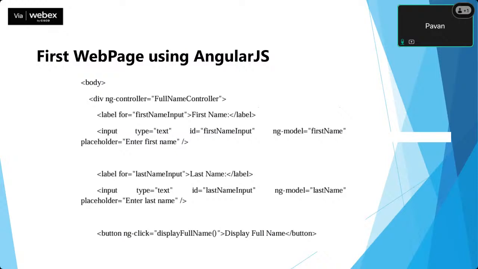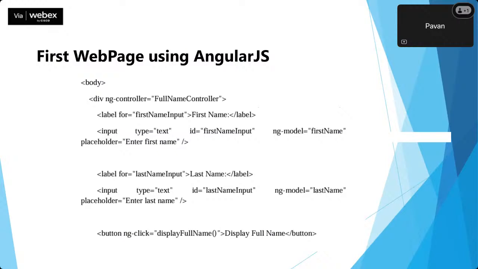And after that, we have ng-model equals to first name. So here we have written a directive that is model. What do we mean by model? It's just data.